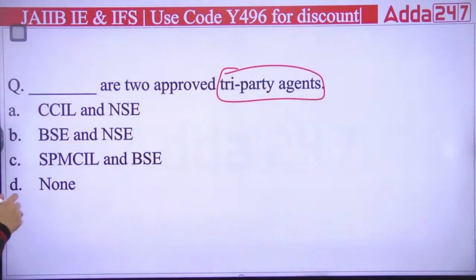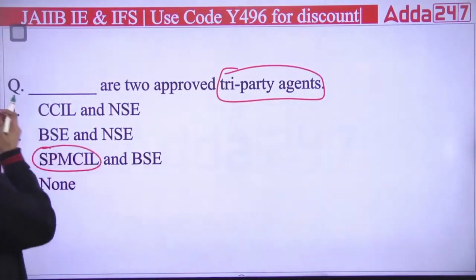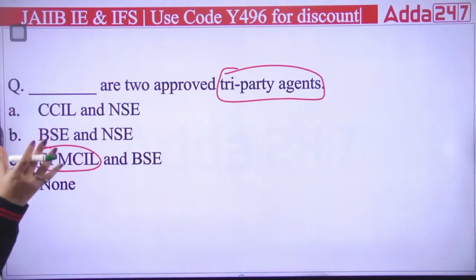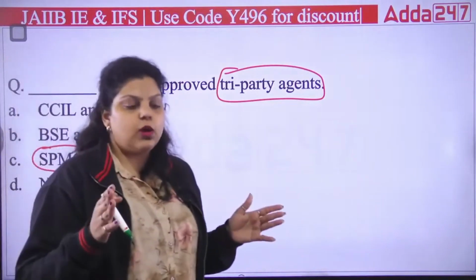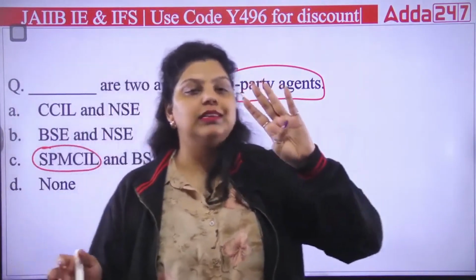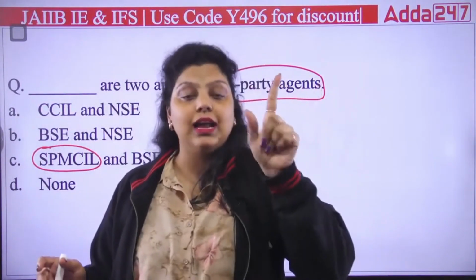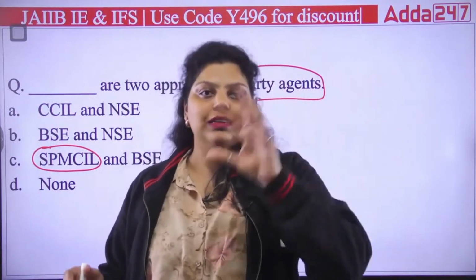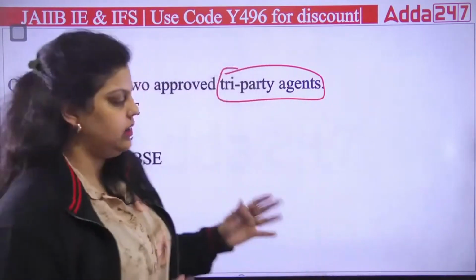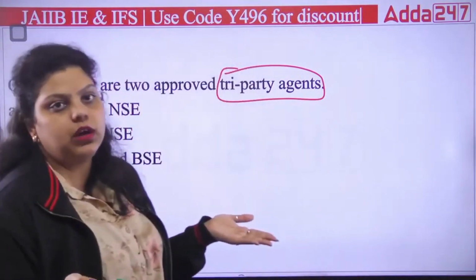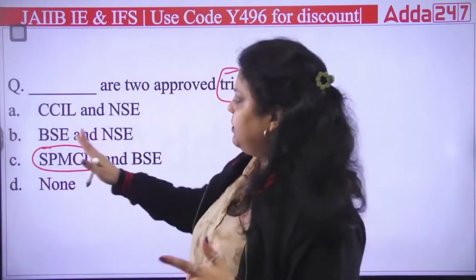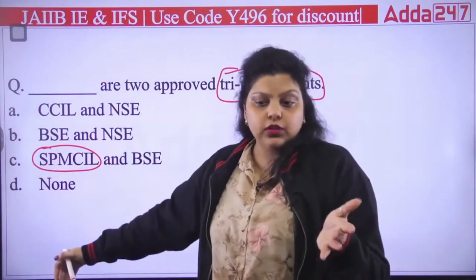So if we talk about SPMCIL, what is it? It is actually the Security Printing and Minting Corporation of India Limited. It's a corporation of the Government of India which covers 4 presses, 4 mints and 1 paper mill. All 9 units will be under the SPMCIL. All the security papers of the Government of India and Post Office etc. will be prepared here under the supervision of SPMCIL.